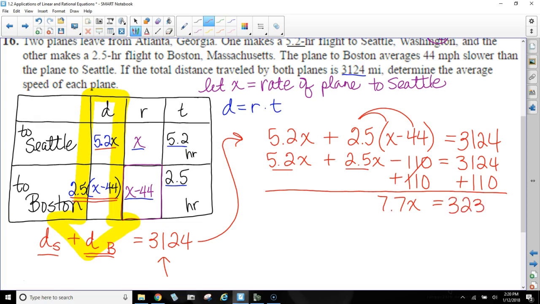Solving for x, divide both sides by 7.7. And so x, which once again is the rate of the Seattle plane, is going to be 3,234 divided by 7.7. We will get 420. The correct label on that is miles per hour, and this is the rate of the Seattle plane.